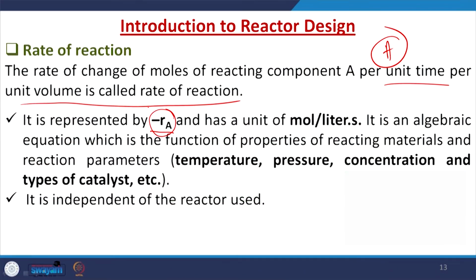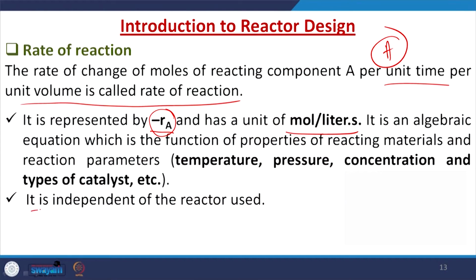So it is represented as minus RA, and it has the unit of moles per liter second. It is an algebraic equation, usually a function of the properties of the reacting material and reaction parameters. The reaction parameters are of different types, like temperature, pressure, concentration, type of catalyst, and so on.